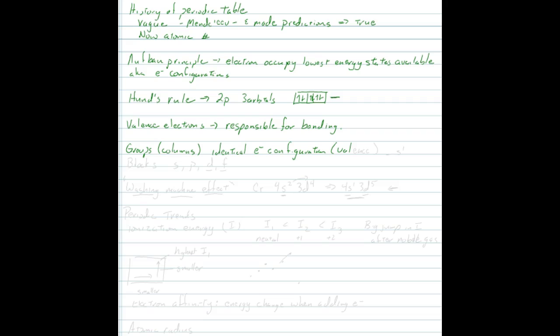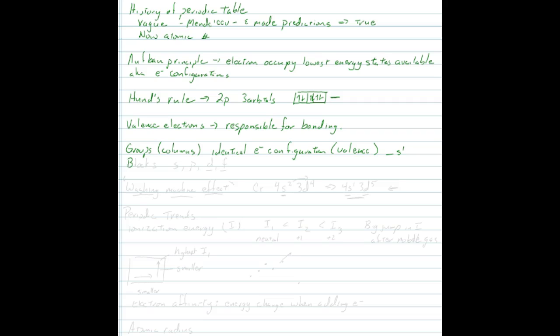For example, the alkali metals all have s1: 1s1, 2s1, 3s1, etc. Noble gases: p6, p6, p6.